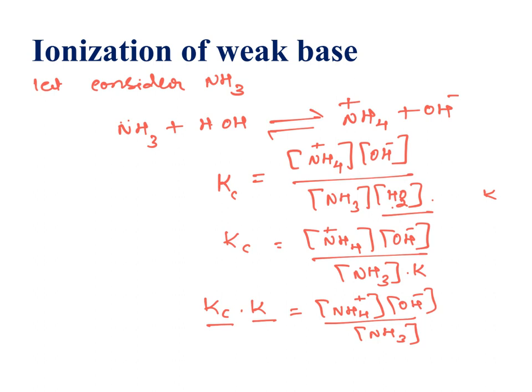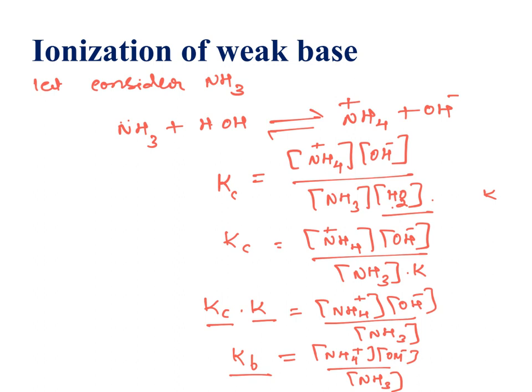Now Kc is a constant and K is also constant. Since the product of two constants Kc and K is equal to another constant, that constant is Kb. Here we are taking a weak base, so I am writing Kb, the base dissociation constant, equal to NH4 plus times OH minus divided by NH3, ammonia, and this is called the base dissociation constant.